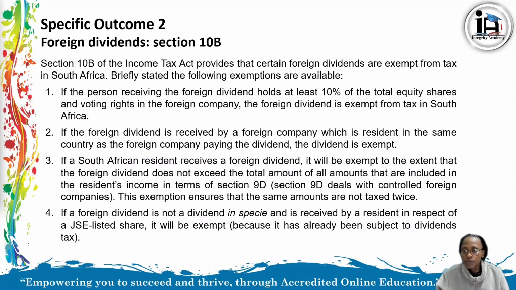Section 9D deals with controlled foreign companies. This exemption ensures that the same amounts are not taxed twice. 4. If a foreign dividend is not a dividend in specie and is received by a resident in respect of a JSE listed share, it will be exempt because it has already been subject to dividends tax.